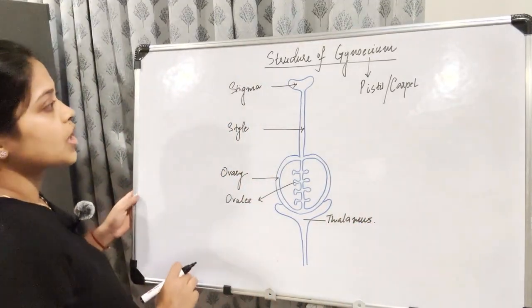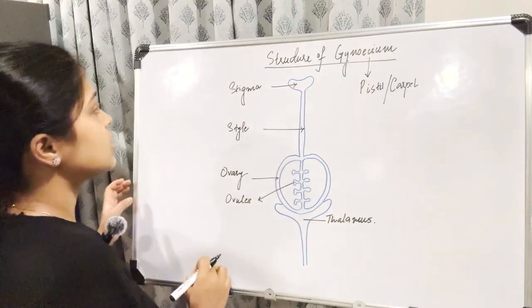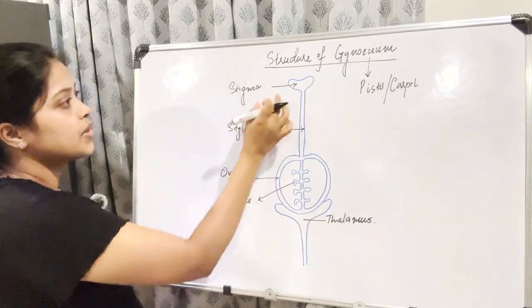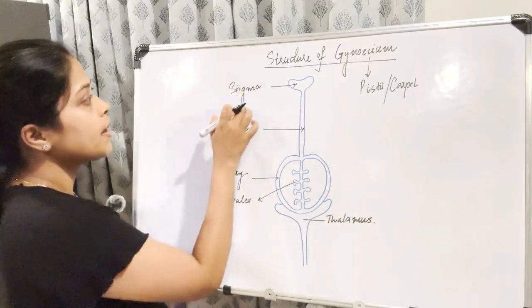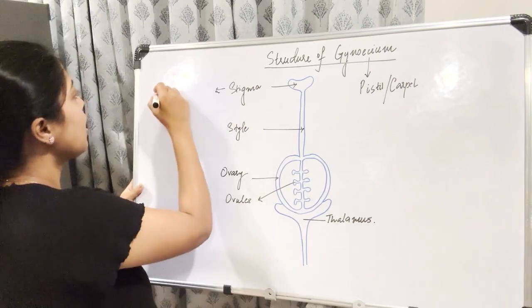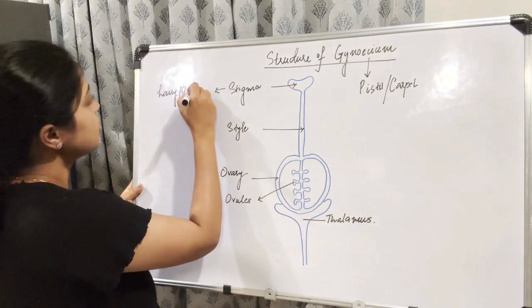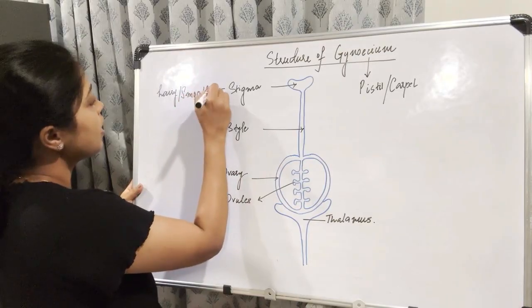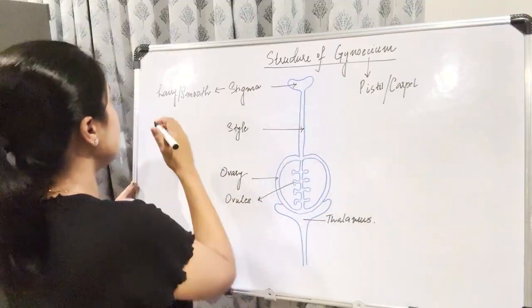So first we'll understand the role of the individual structures. So stigma, the terminal part is called as the stigma. It is sticky. It can have hairy structure or it can be smooth. Basically, it is the landing platform for the pollen grain.